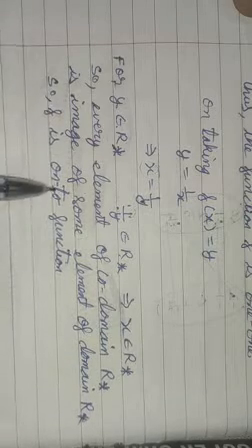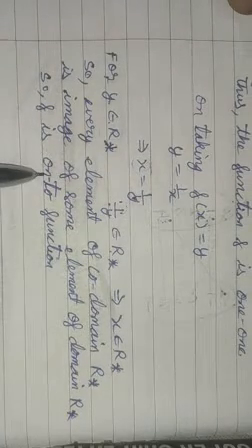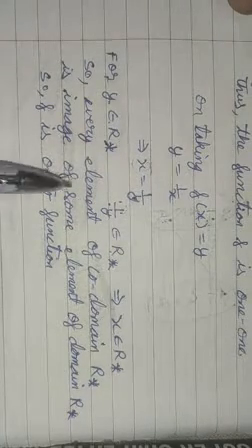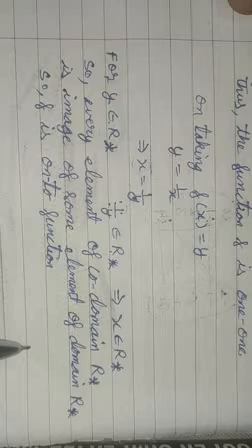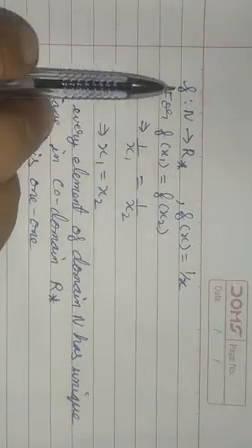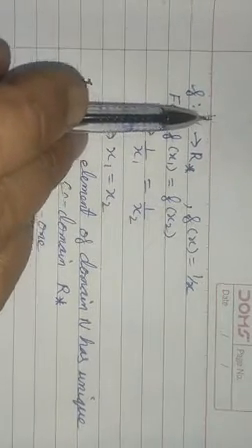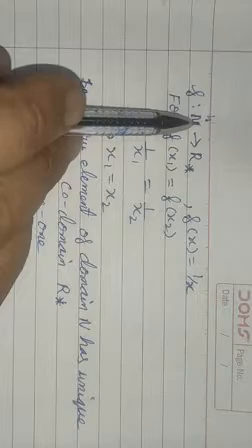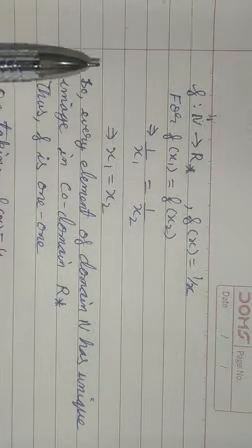That means this function is one-one and onto. One-one we have proved earlier, and this function is onto also. If a function is one-one and onto, you can say the function f is one-one and onto, thus it is a bijective function. Now in the second part of our question, he was asking, if we replace the real domain by the natural numbers, will this function be one-one or onto or not.